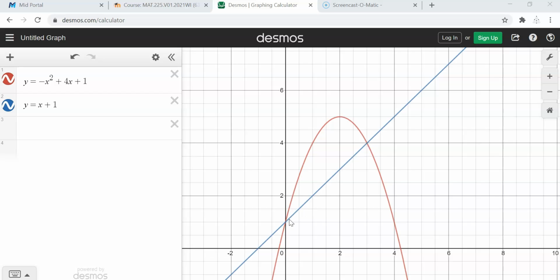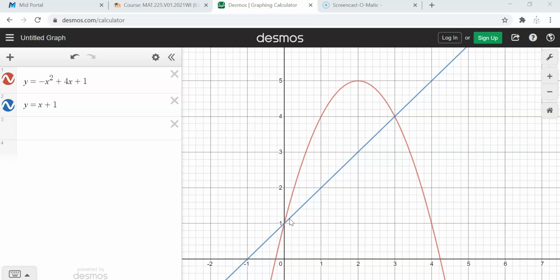Now, if you notice what's happening with these x values, this bounded region starts when we have an x value of 0, all right? And it stops here, where we have an x value of 3. In other words, it starts and stops at intersection points where the two curves intersect.